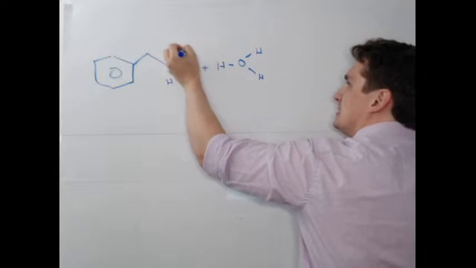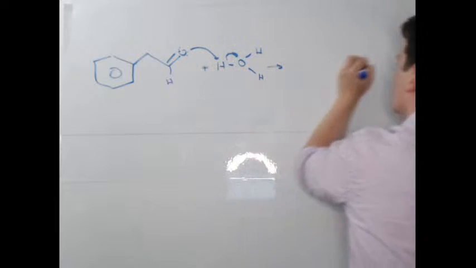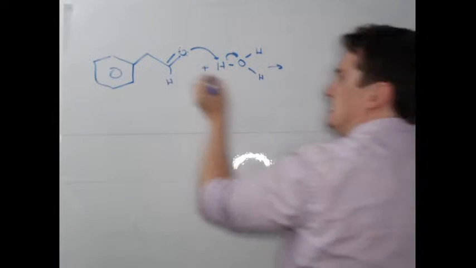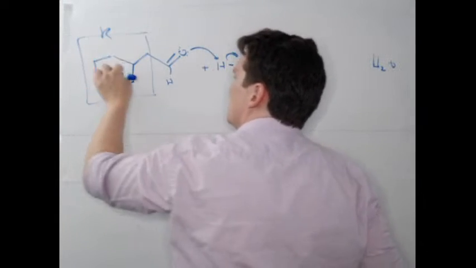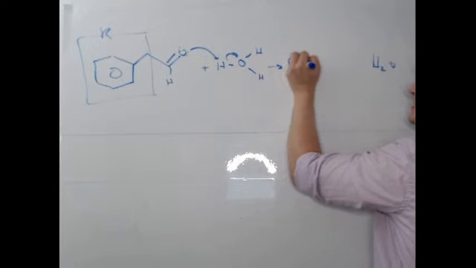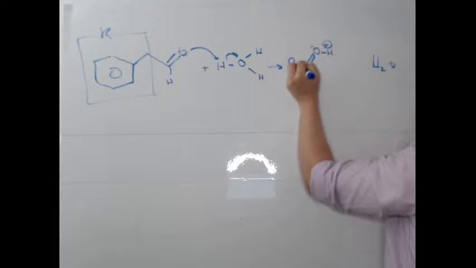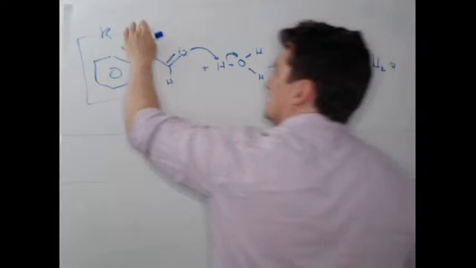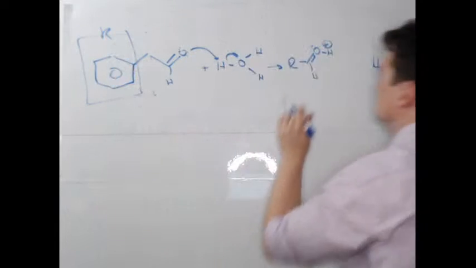The oxygen is going to take its lone pairs and attack the hydrogen to give us water. And if it's okay with y'all, I'm going to leave this as just a big R group. So the R group here is that benzene ring plus the bridging methyl. So this gives us an R. Oh, actually, I still need that methyl group. Sorry. Methylene group.